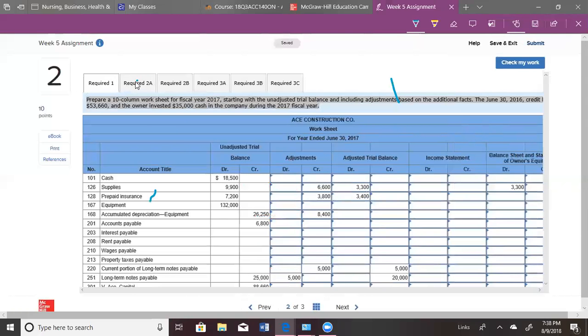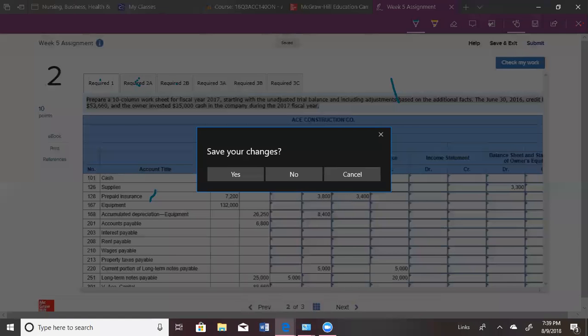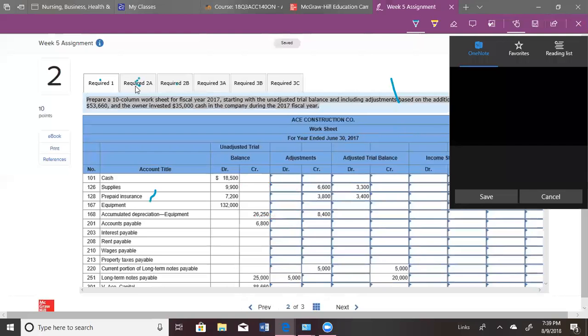Oh my gosh. Why is this thing not working again? Oh, you have it on. Oh, that's my fault. Here you go. Hold on. That's trying to save this change right here.